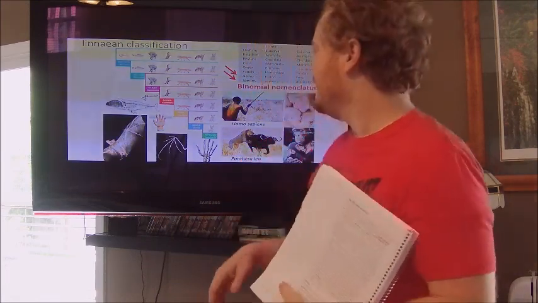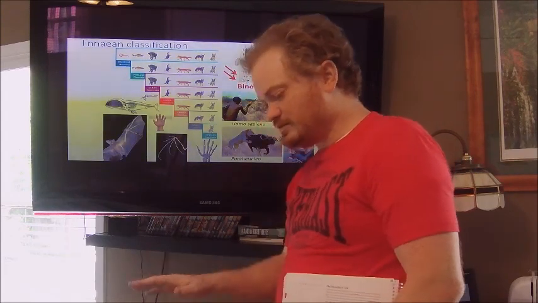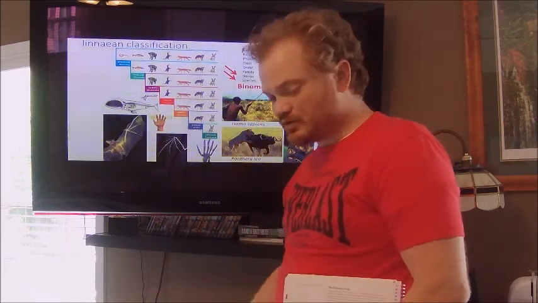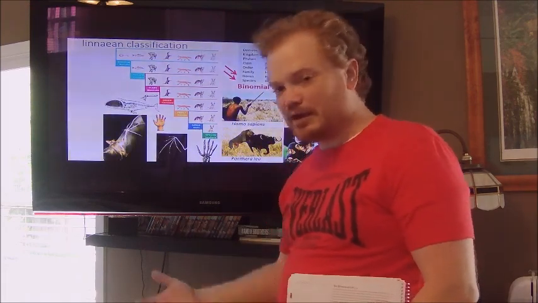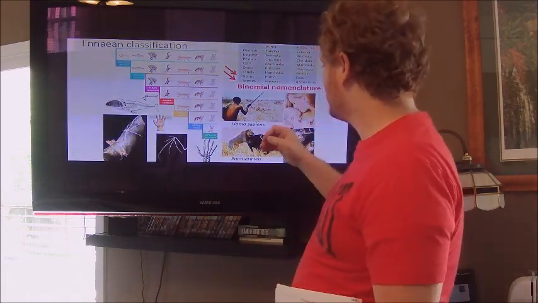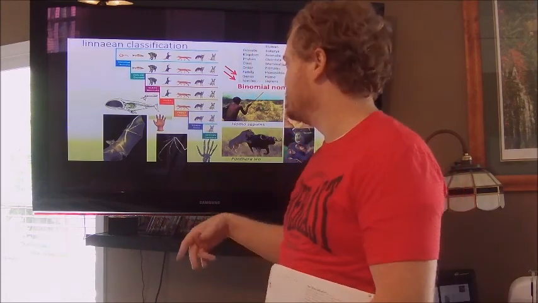Pay attention. The way this works is as follows. Anytime you're writing out a species name of anything, like green swordtail being Xiphophorus helleri, or a Florida panther being Felis concolor, and the lion being Panthera leo.